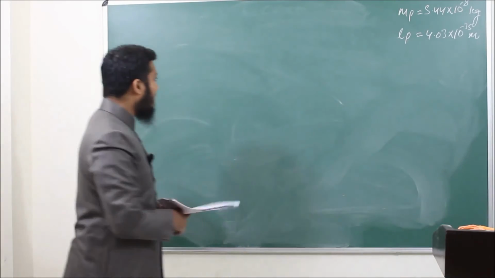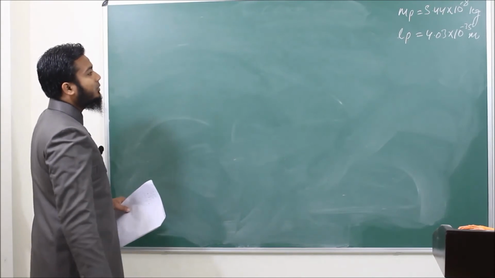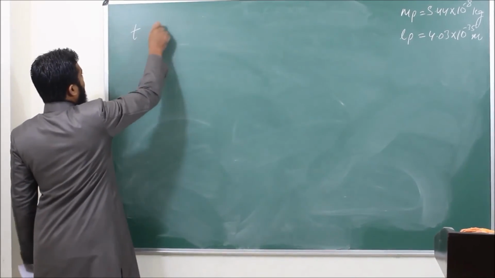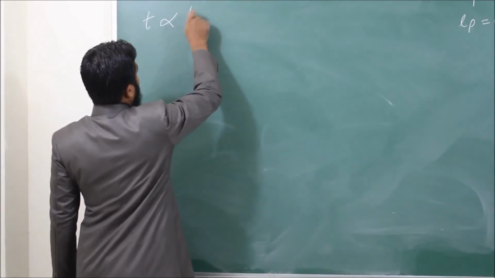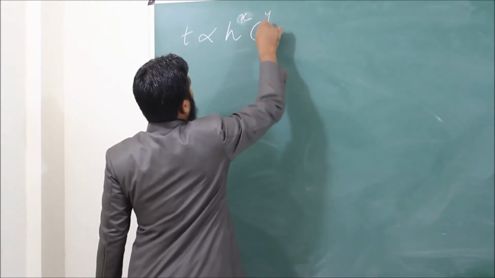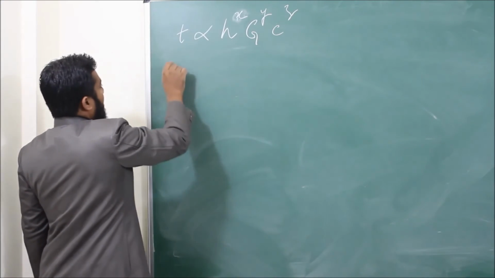Okay, so I hope you have understood the things and we can do it more quickly. Now we have to find time. So time, let's say, is directly proportional to H raised to the power X, G raised to the power Y, and C raised to the power Z. And dimensions on both sides should be the same.